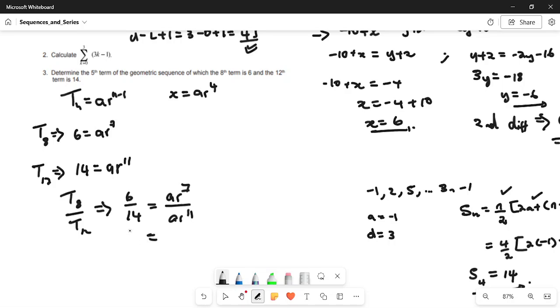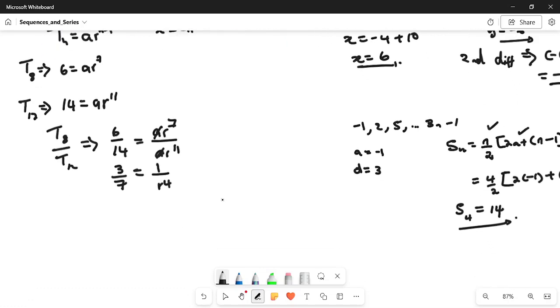We'll have 3 divided by 7, and then our a's cancel and the r's cancel. However, in the denominator, I have r to the power 4. I'm trying to solve for r so that I find what my r is for this geometric sequence, so we can just invert the two. You can say r to the power 4 is equal to 7 divided by 3.